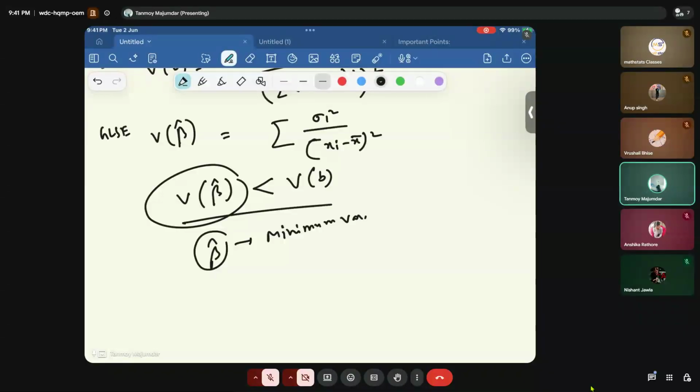One we have OLS, one we have GLS, and we have seen that OLS is a linear combination of all other estimators. So obviously there are no other estimators in our data. So we can say that GLS has the minimum variance. That is why it is the BLUE.